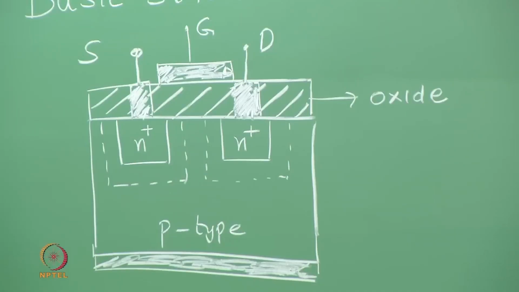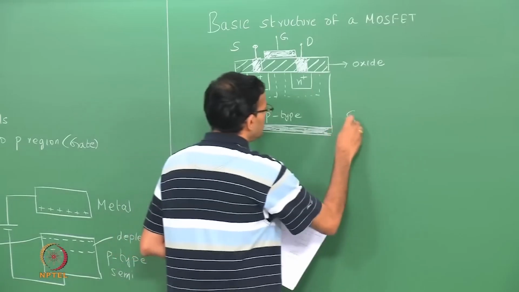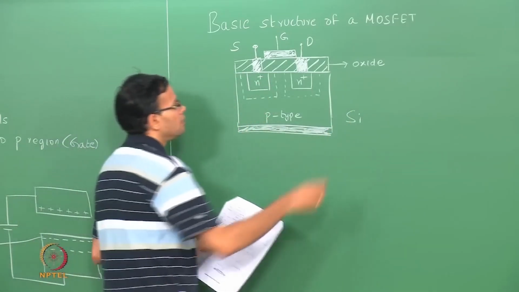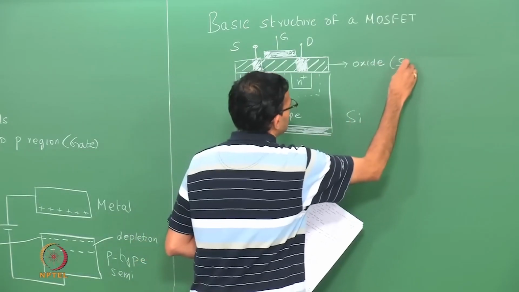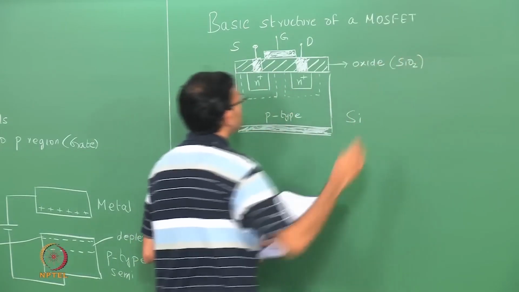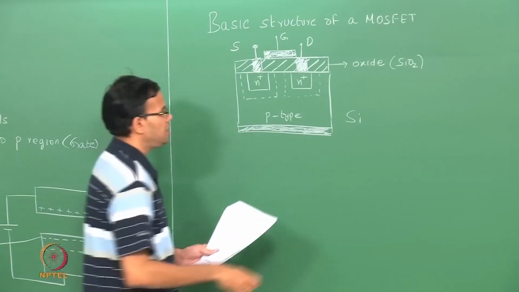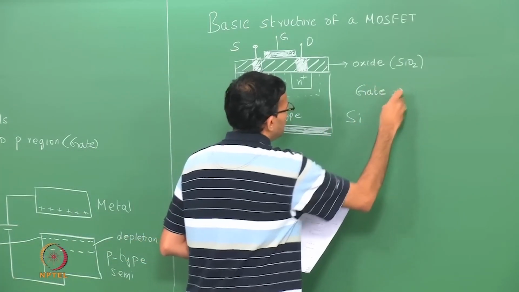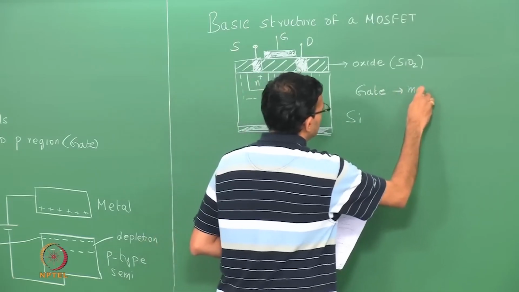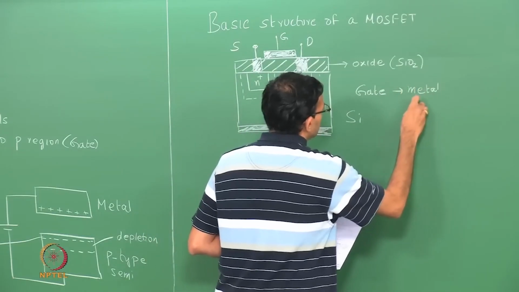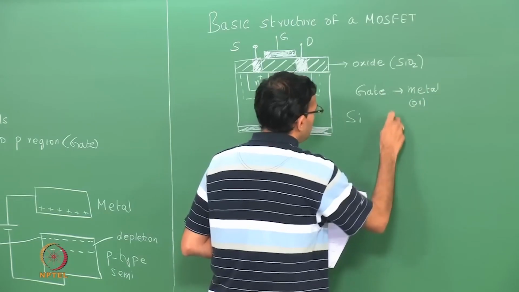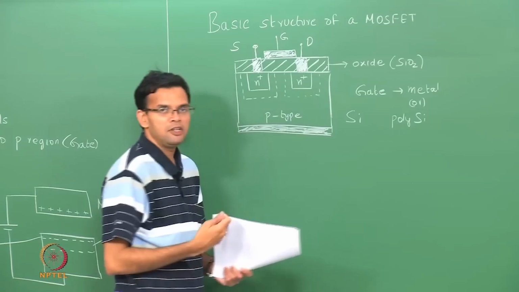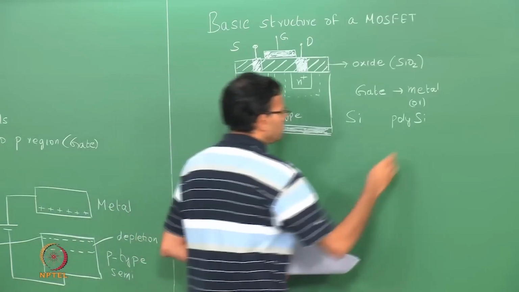So if this material were silicon, so you have p type silicon and n type silicon, then the oxide will essentially be SiO2. The gate material can either be a metal or it can be polysilicon, which is heavily doped so that it is conductive.